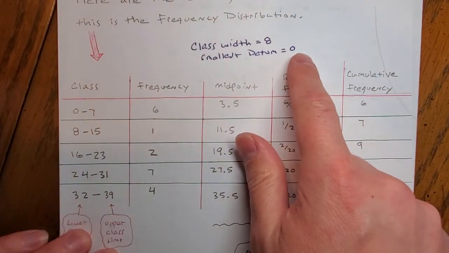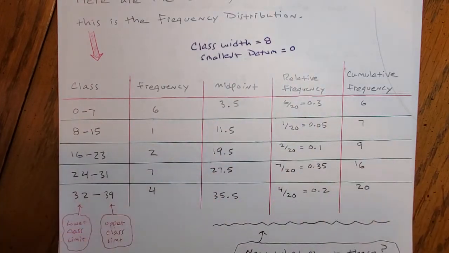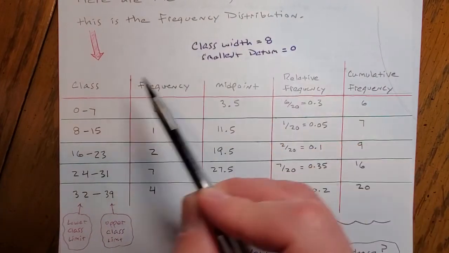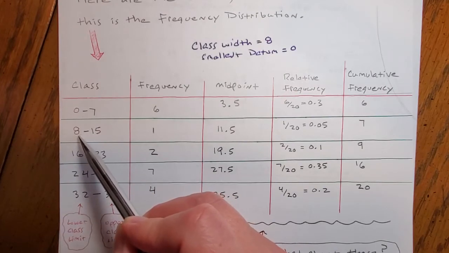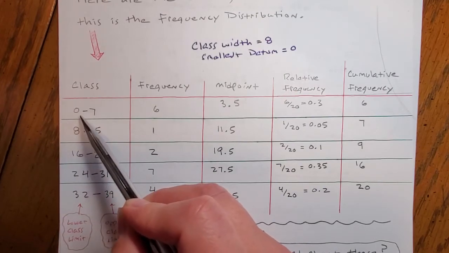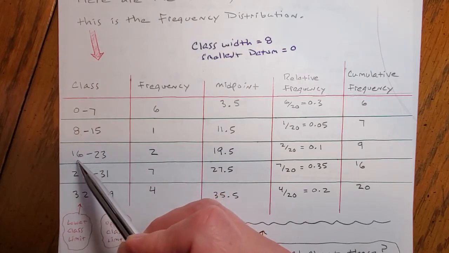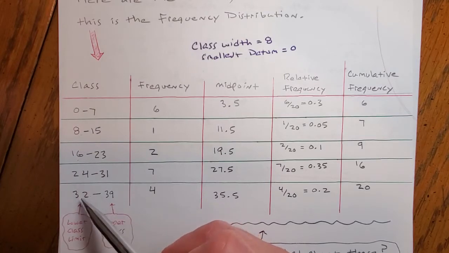We start with the smallest datum, the smallest number in the data set, which was 0. And then we add the class width to that, and it gets us the lower class limit of the next class. So 0 plus 8. 8 plus 8, 16. 16 plus 8, 24. 24 plus 8, 32.